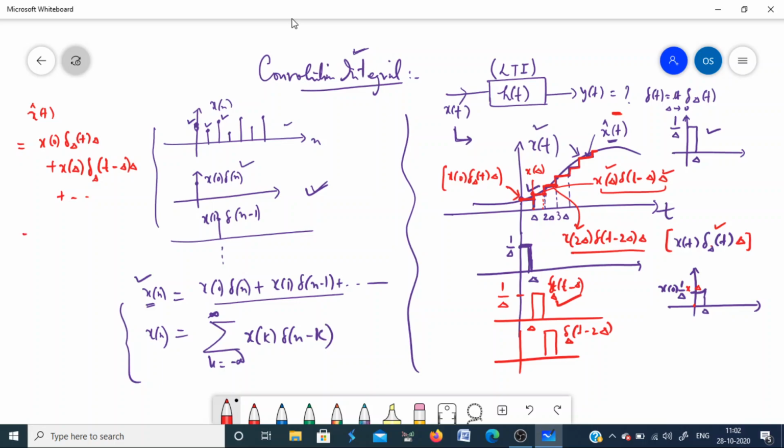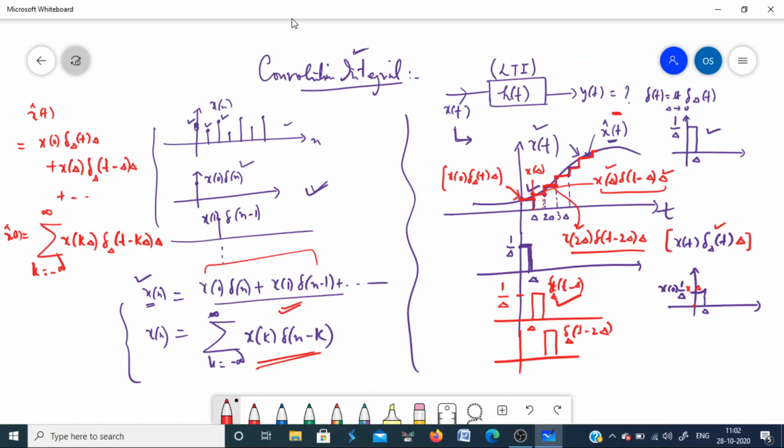Or you can write it in the form of a series, summation of x of k del delta del t minus k del into del, that is x cap t. Now in the case of discrete time, there is no approximation; it is exactly the linear combination of weighted unit impulses.